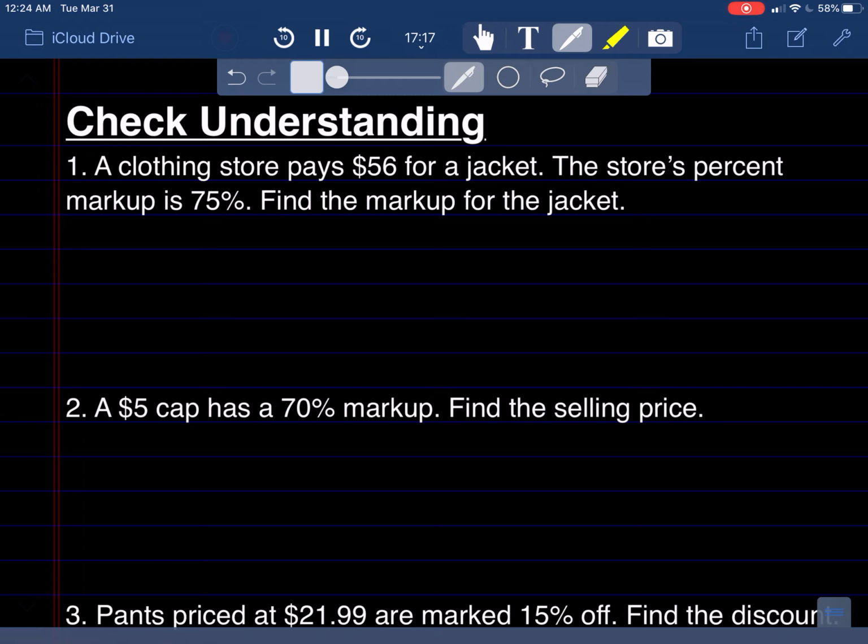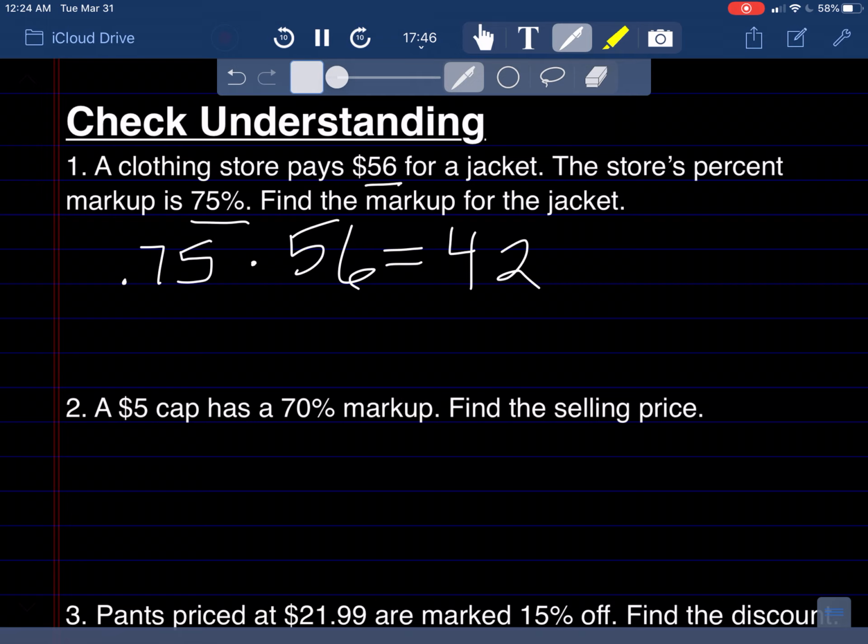All right, so we're going to use the formula we learned for example 1, and we're going to take the percent of markup as a decimal. So you should have gotten 0.75 for 75% as a decimal, and you should have multiplied it by 56. All right, and so when you multiply those, 0.75 times 56, you should have gotten 42.